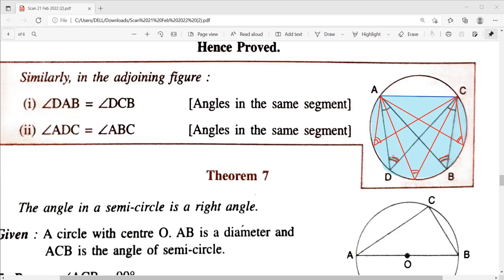If I call this angle alpha, they all have the same measure alpha. That is what it is saying: the angles in the same segment are always equal in measure. I hope it's clear to you all. Tell me all, is it clear? Yes, sir.